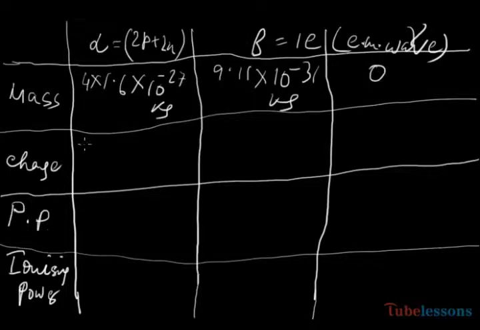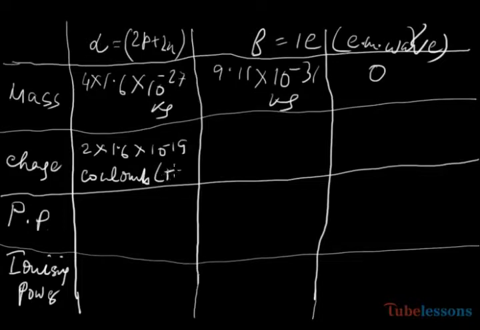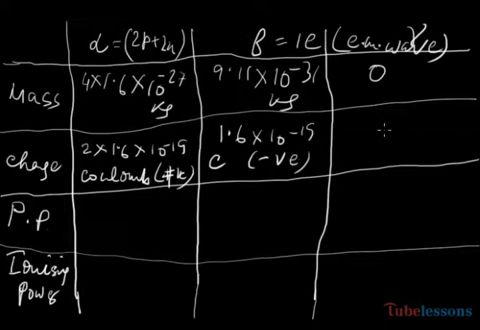The charge of one alpha particle is the charge of 2 protons, that is 2 into 1.6 into 10 to the power minus 19 coulomb, plus charge. A beta particle has 1.6 into 10 to the power minus 19 coulomb, minus charge. Gamma has no charge.